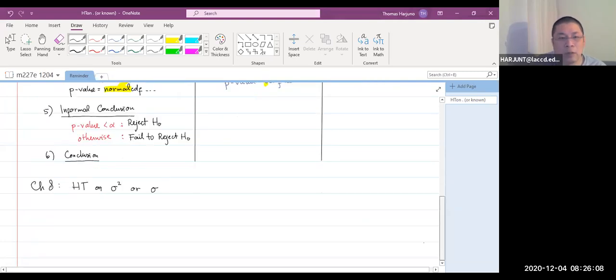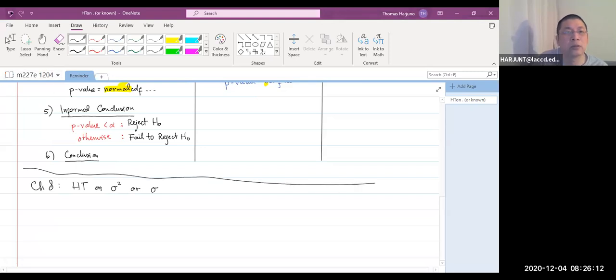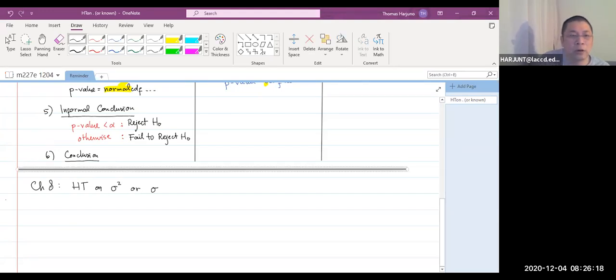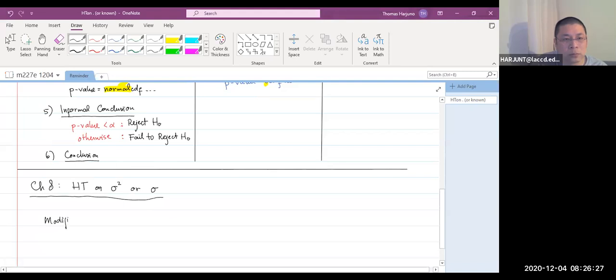Now, the modification will be, why can my line not be straight? The modification will now be on, of course, step 2, and step 3 and step 4. Step 2, the hypothesis.